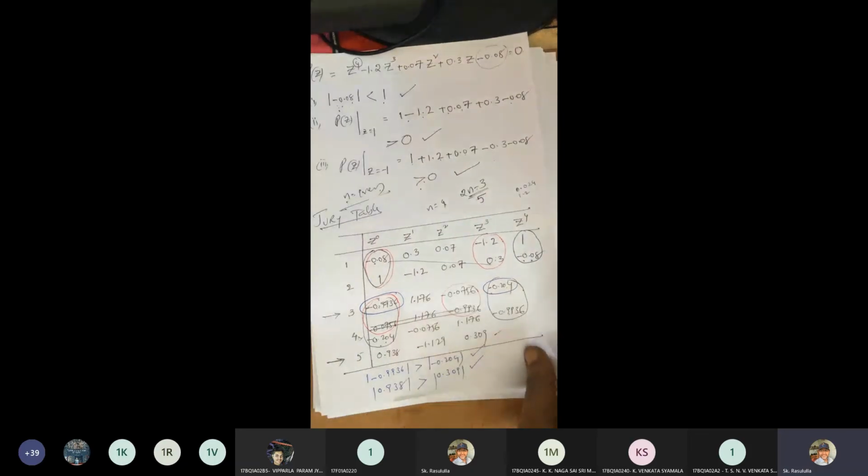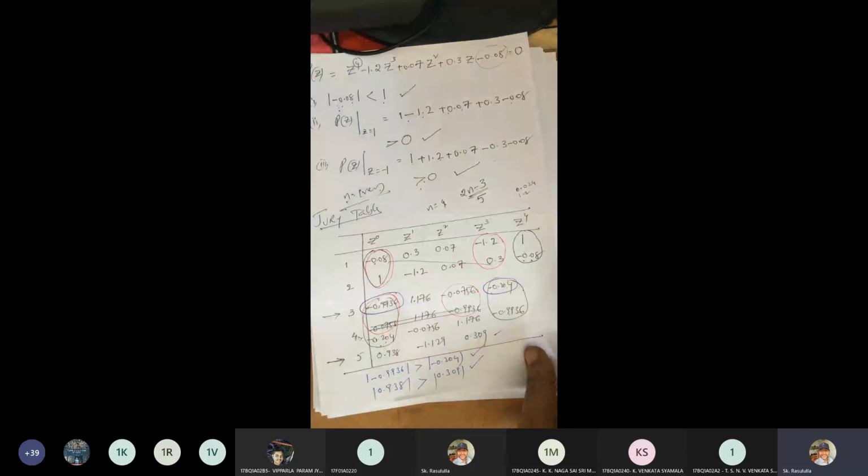Let us take one more example, and then I will stop. P of z is equal to z cube minus 1.3 z square minus 0.08 z plus 0.24.